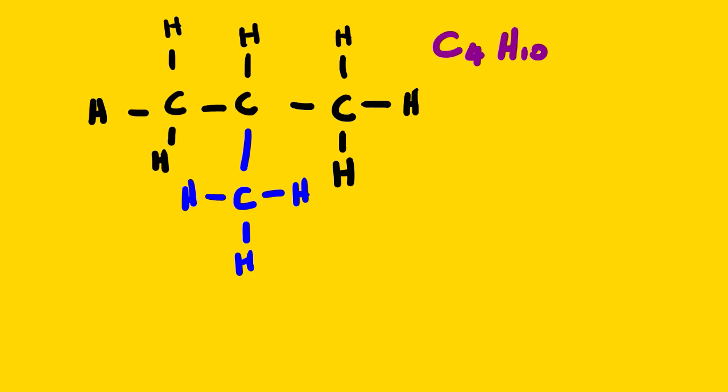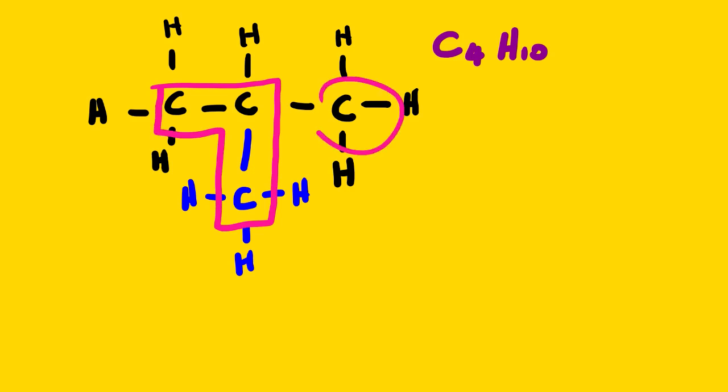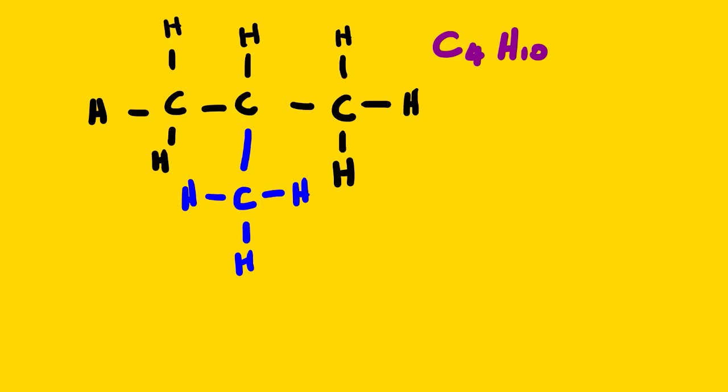And by the way, we can also identify the longest chain like this. And then this will be our branch. We can also identify it like this. It is also possible. This would be our branch. So either way, it doesn't matter, but we can identify it like this. Then we can see the branch.